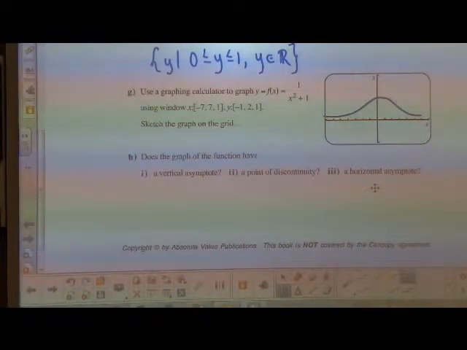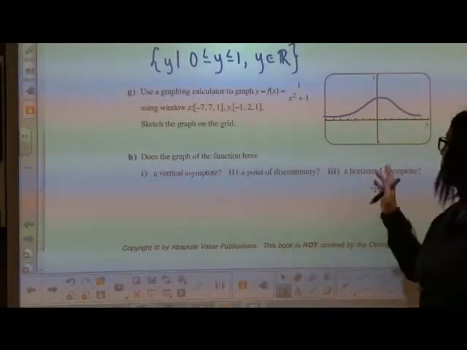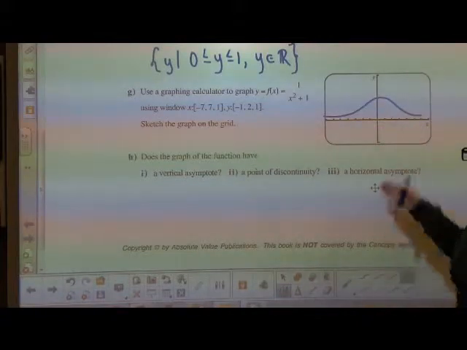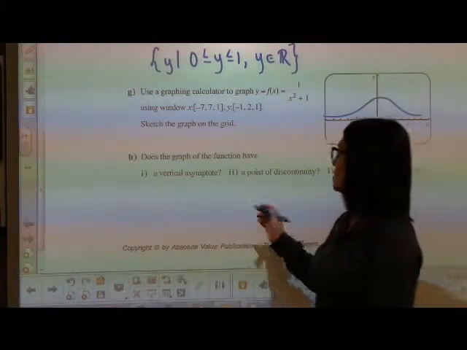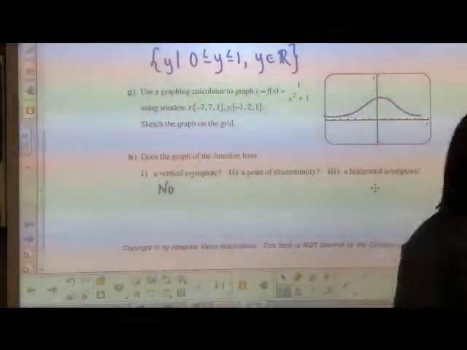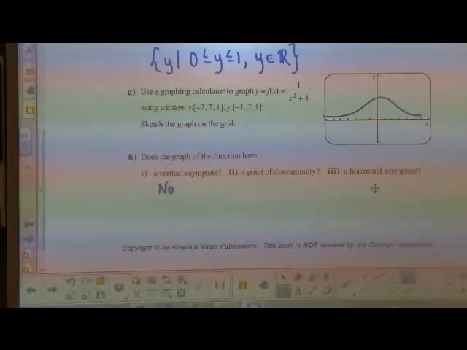Now, does this graph look to have a vertical asymptote? No, because the graph just keeps approaching. There's no limit going vertically that the graph does not touch. Plus, in order to have a vertical asymptote, I have to have a denominator that would be equal to 0, which does not happen.